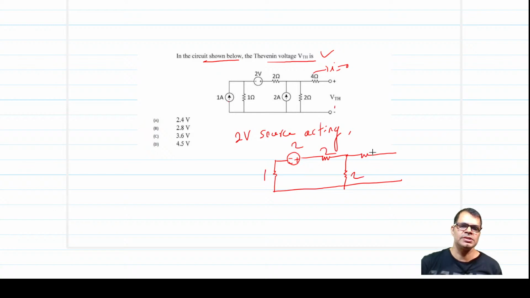The voltage drop across the 2 ohm resistor is your VTH. Let's say this voltage is V1. So V1 is the voltage drop across the 2 ohm resistor. By potential division, 2 upon 2 plus 2 plus 1, into 2, that is 4 upon 5, which is 0.8 volt.